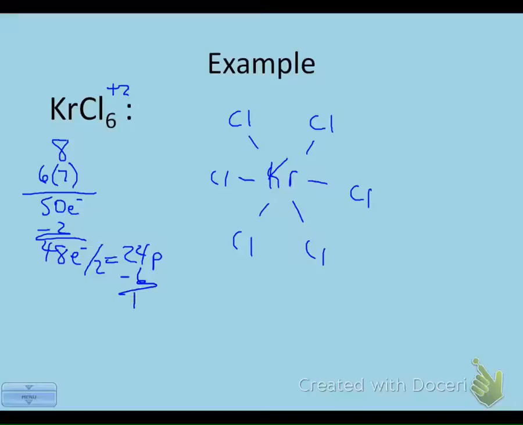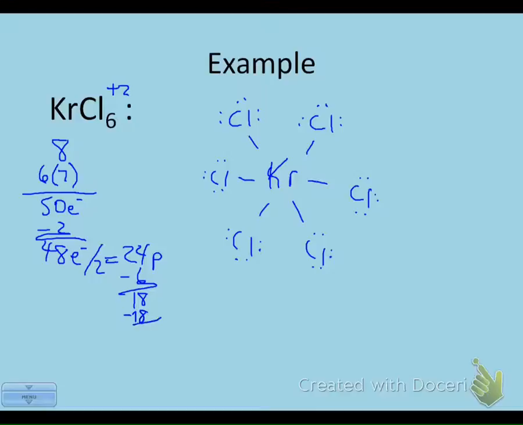So I have 18 left over. 1, 2, 3, 4, 5, 6, 7, 8, 9, 10, 11, 12, 13, 14, 15, 16, 17, and 18.